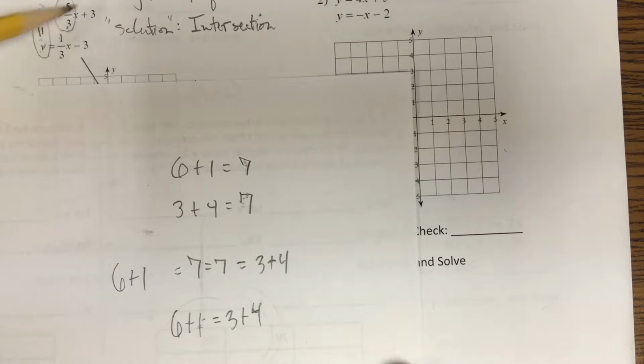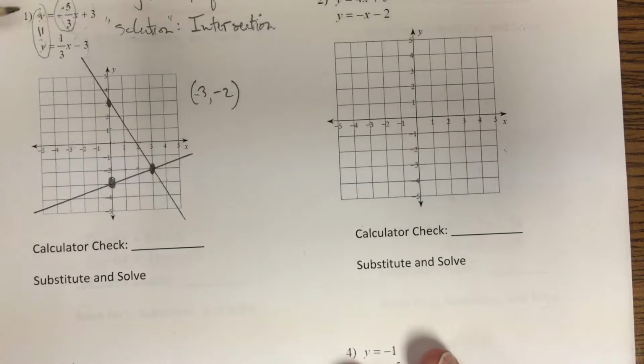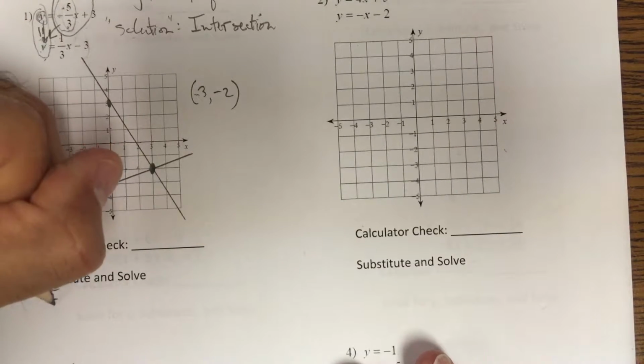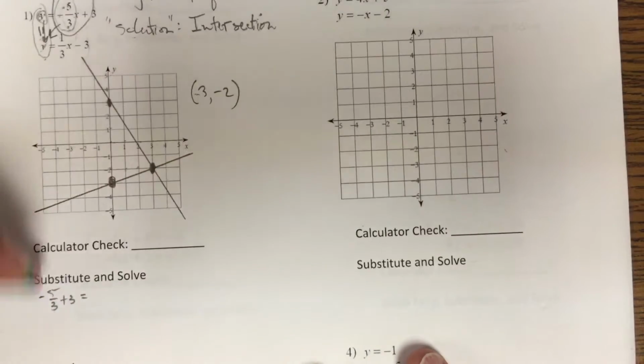And if y equals y, then this right-hand side of the equation equals this right-hand side of the equation. And what I can do is substitute. I can say that this y, which is the same as this y, is really this. So I can say negative 5 over 3 plus 3 equals, oh, I'm sorry, I forgot the x.